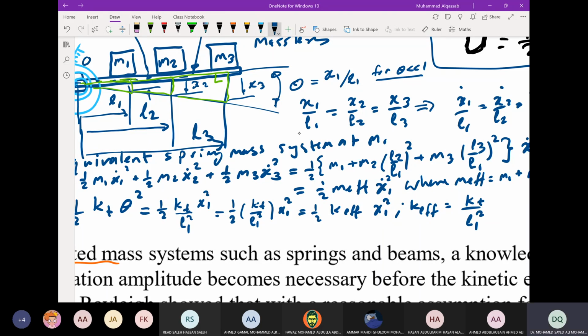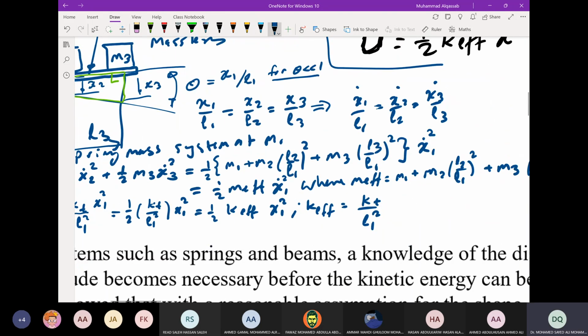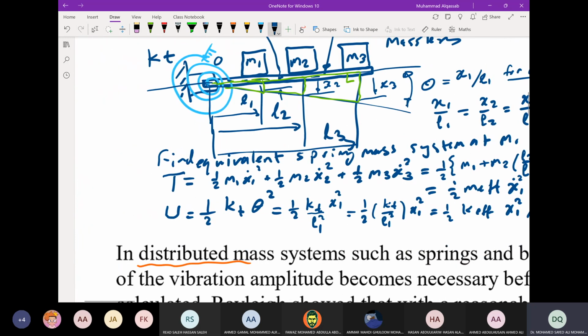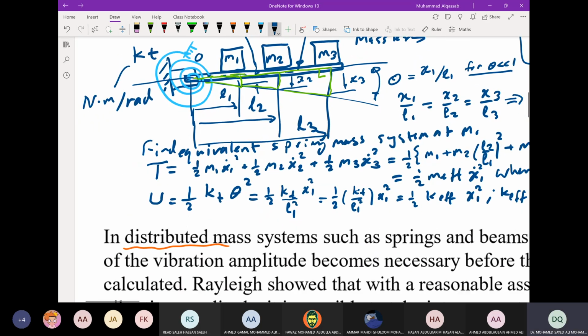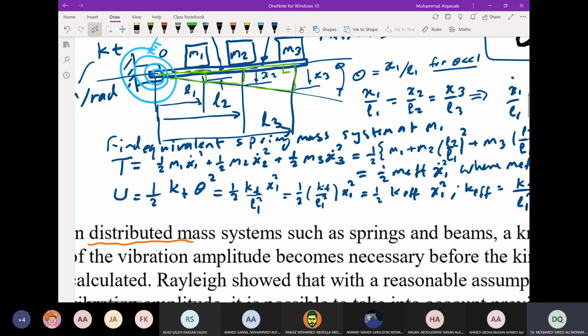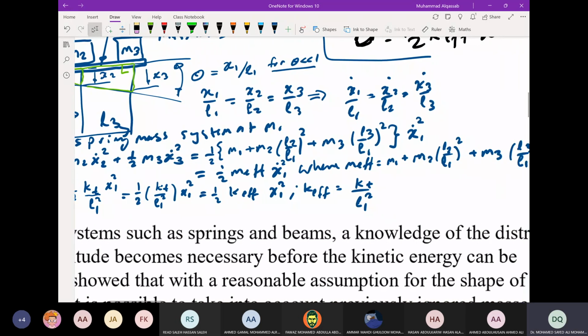Now you can check the units. This will be Newton per meter, because kT is in Newton meter per radian, and radian is not a unit. I'm just reminding you of the units. When you see the K effective, it should be a spring mass system, and the spring should be in linear motion, which should be Newton per meter.